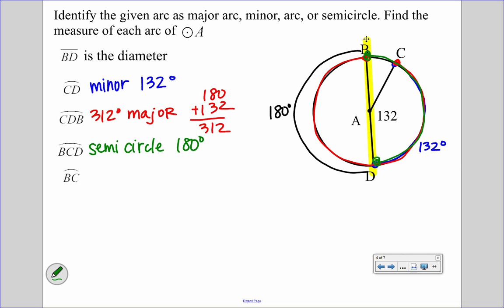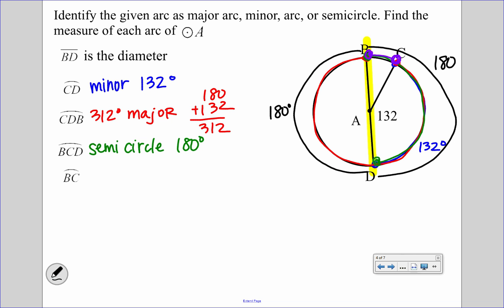And our very last one, that tiny little piece up there, BC, this bit from here to here. What we can do is we can take 180, because this half is 180 right here. From here to here is 180.